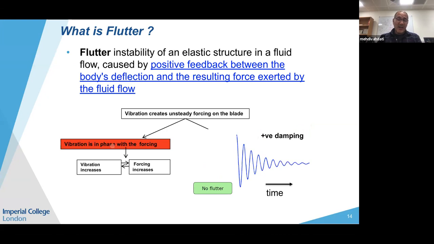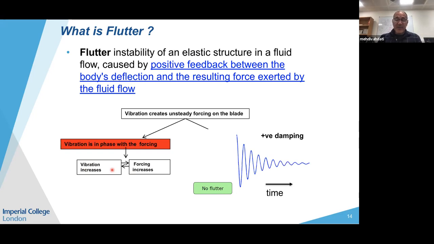However, there's another scenario. You give it a slight displacement, the vibration increases, and the unsteady forcing is in phase with the motion of the blade. Consequently, it increases the vibration of the blade, so the vibration increases. It becomes a self-feeding loop and the case becomes unstable.